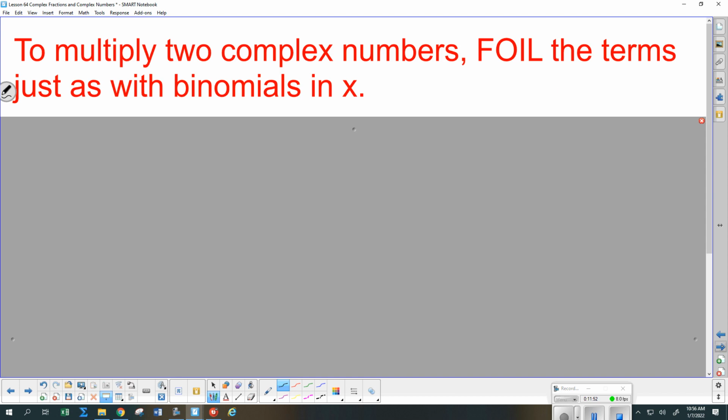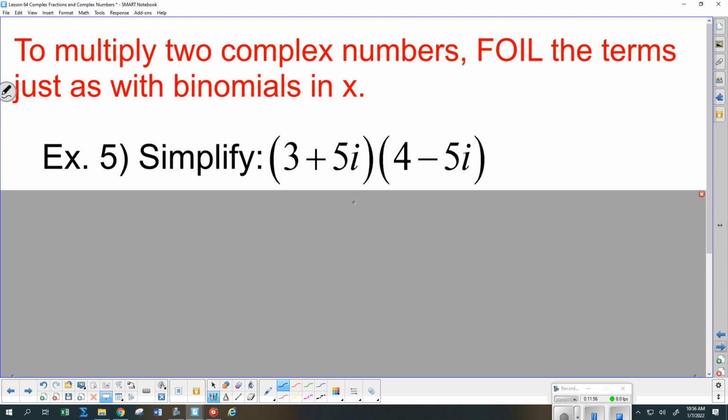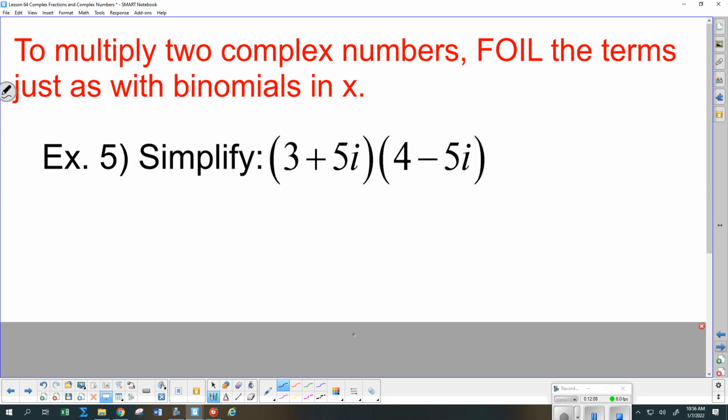If we have two complex numbers and we want to multiply them. So 3 plus 5i times 4 minus 5i. First step is we're going to FOIL it just like we would if the i was an x. So we're going to write down that we have the F's, 3 times 4 is 12. 3 times the minus 5i, positive times negative is negative 15i.